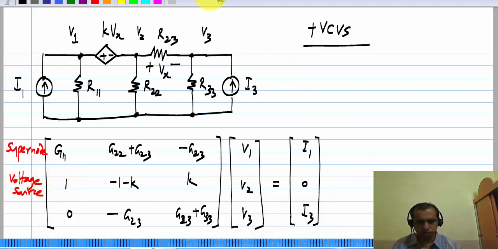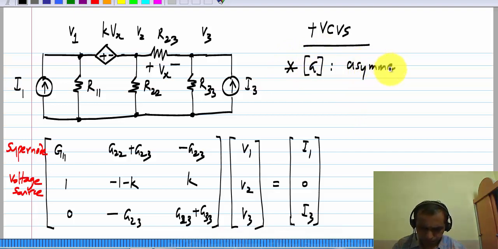This is a controlled source, so the right hand side will be 0 and all the terms appear on the left hand side. And again, the G matrix is asymmetric.